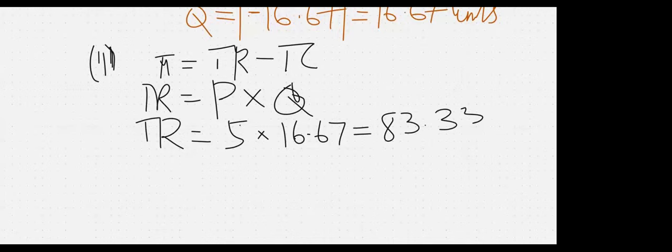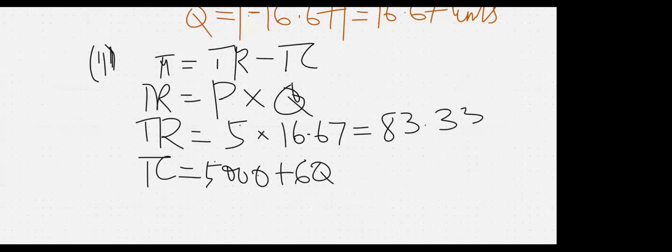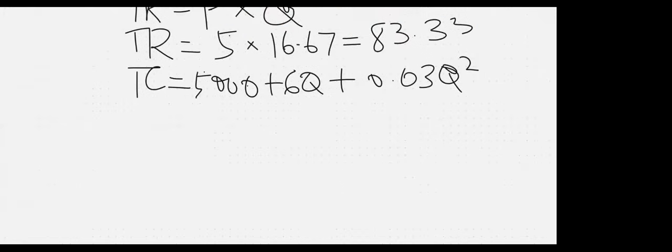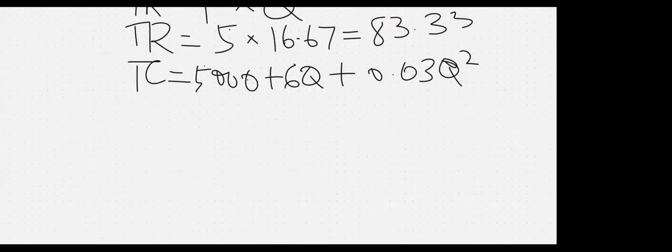Now we go and find our TC. What's the function for the TC? 5,000 plus 6Q plus 0.03Q squared. Then we have here TC. So we know the Q value, right?